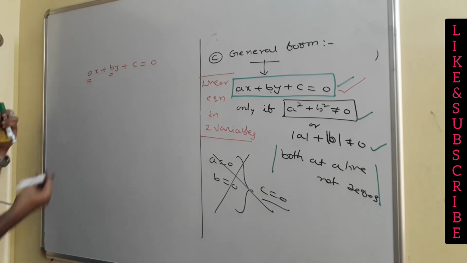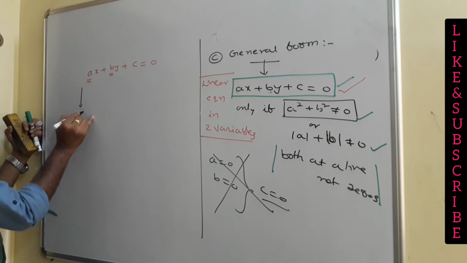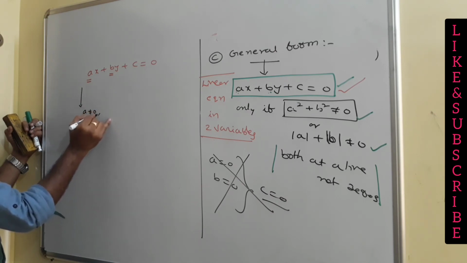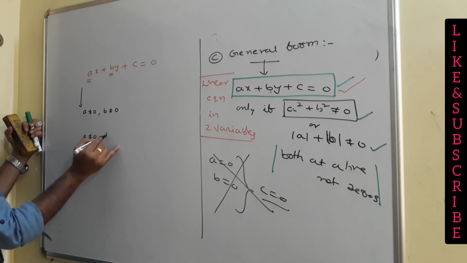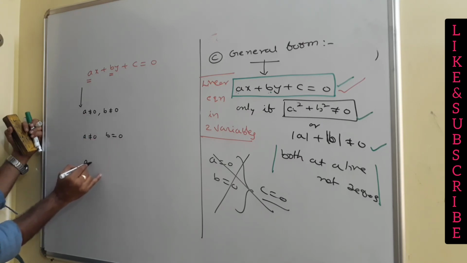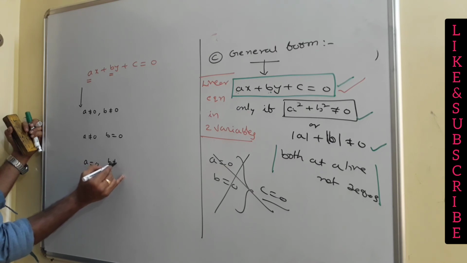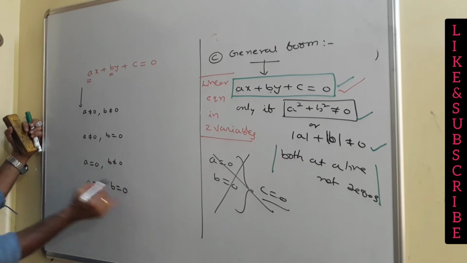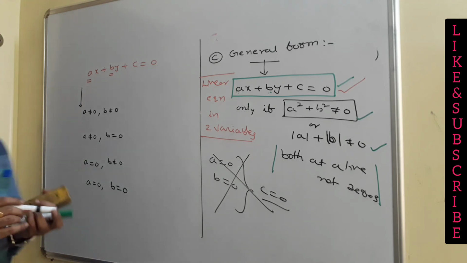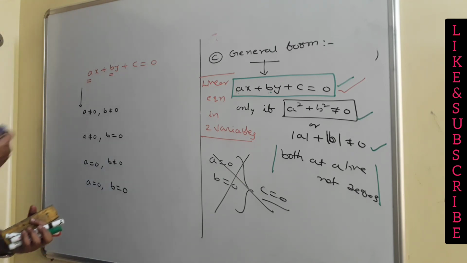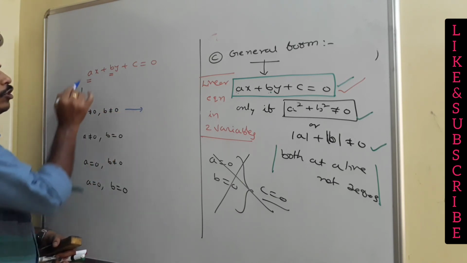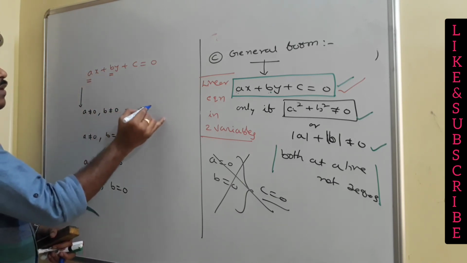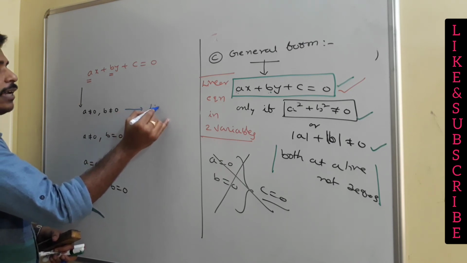The different possibilities are like this: a not equals to 0, b not equals to 0; a not equals to 0, b is equals to 0; a is equals to 0, b not equals to 0; a is equals to 0, b is equals to 0. These are the four possibilities depending on a and b. If a not equals to 0, b not equals to 0, both these terms are non-zeros, then in that case you will get a line.